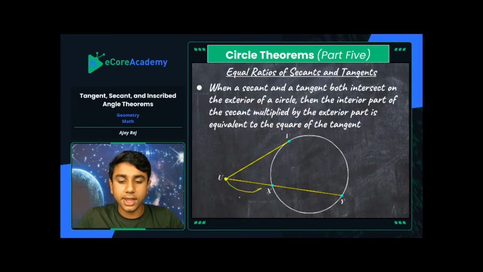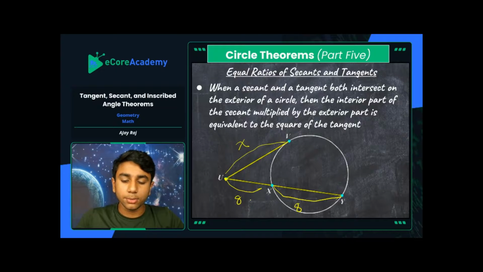Given that UX is 8, and XY is given as another 8. Let's assume that's 8, although this is not drawn to scale, and we're given that UV is worth x.